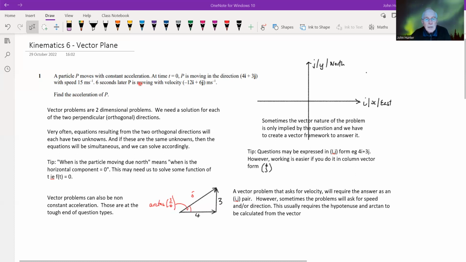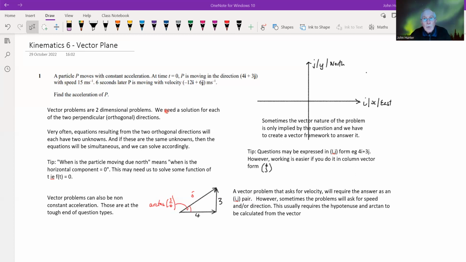So these are two-dimensional problems, and basically we are solving for 2 dimensions at the same time. Fortunately, we can isolate the i's and the j's, the components, and treat them in 2 parts. That just adds a bit of complexity, but conceptually not too much more difficult.